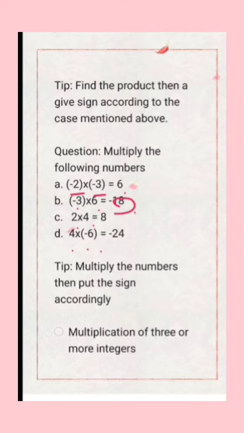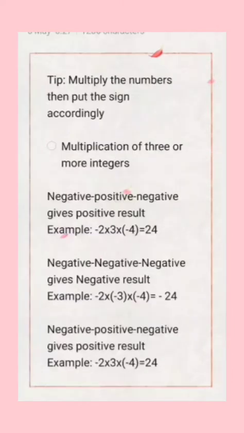Hence one is positive and another is negative, plus into minus is minus. Your answer will be negative. I hope you understand. Moving with next, how to multiply more than two integers.